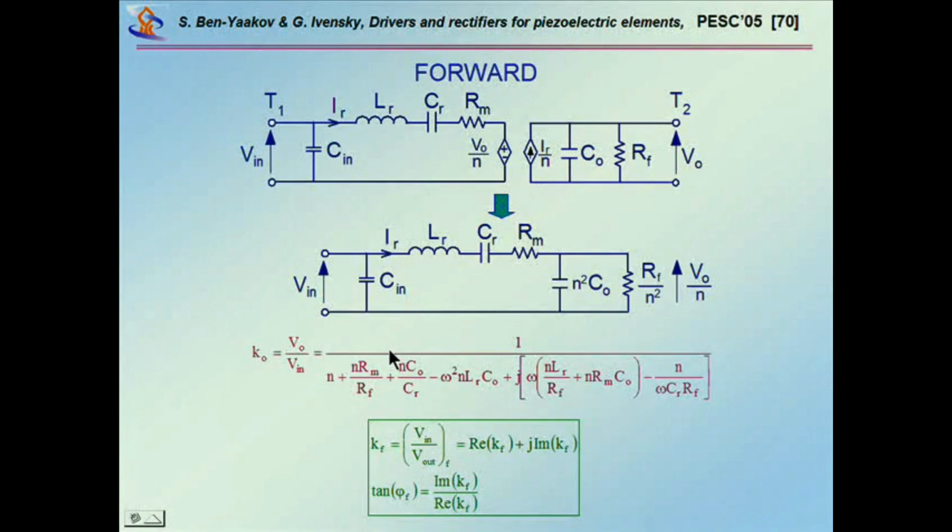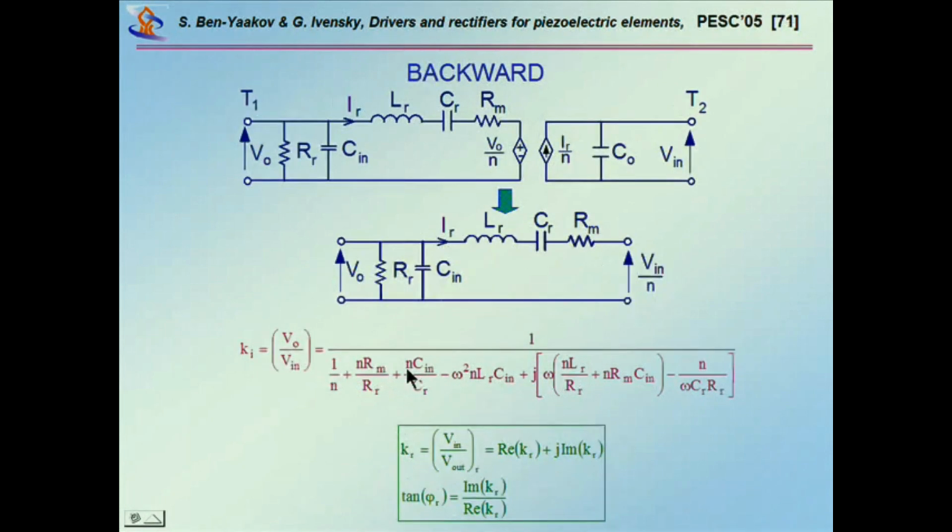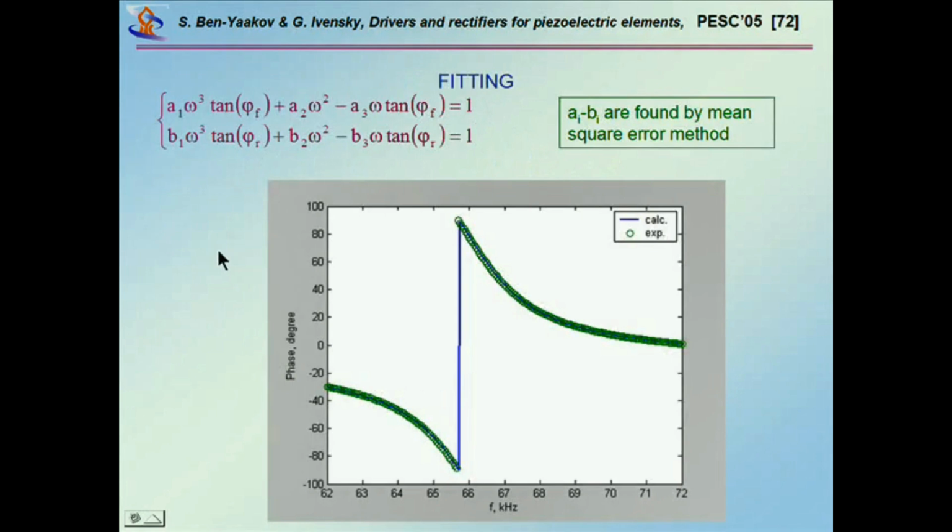And it turns out, well, I'm not going to bother you with all the details here, that you can write two equations for the two cases which are related to the phase that you are measuring. And we have found that the best thing to do is a fitting to the phase. And here you see that this is the phase and this is the fitting.